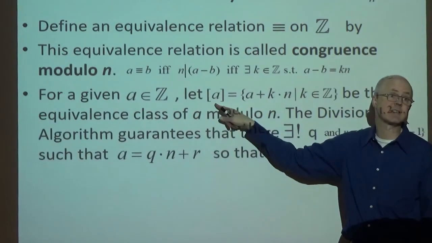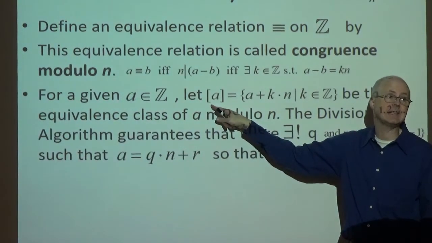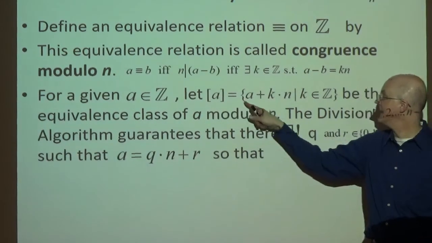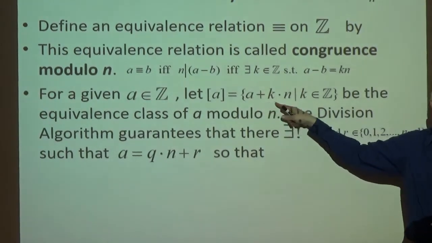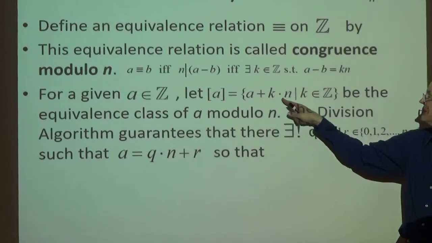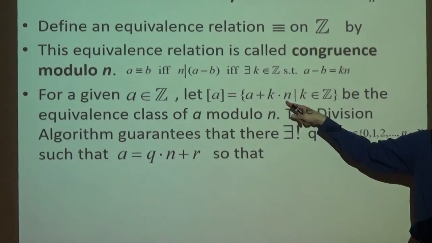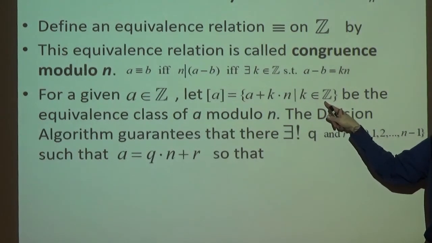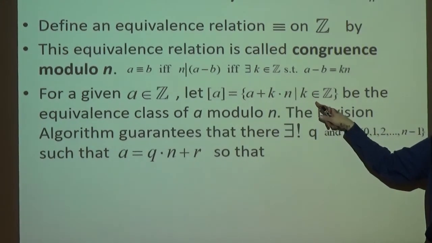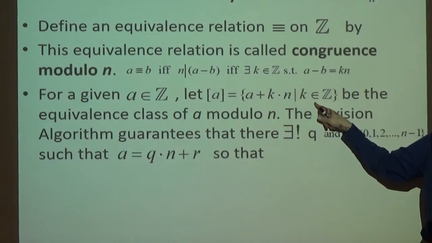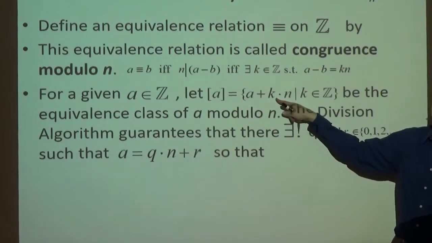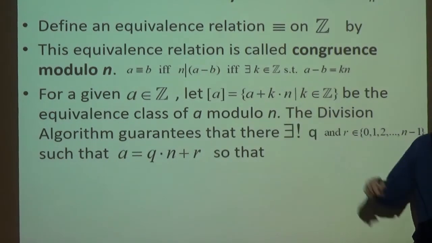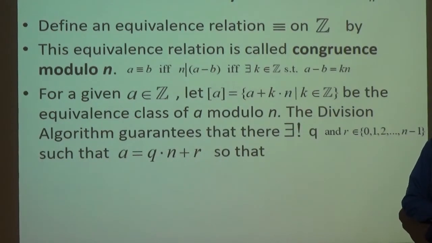That's the equivalence class containing A, the set of everything in Z that's equivalent to A. Meaning, really, the set of all numbers of this form: A plus k times n, where k is an arbitrary integer. N is fixed here. In the set, k is the variable, so to speak. You subtract a from this, and you'll get a multiple of n. Those are all the things that are congruent to a mod n.